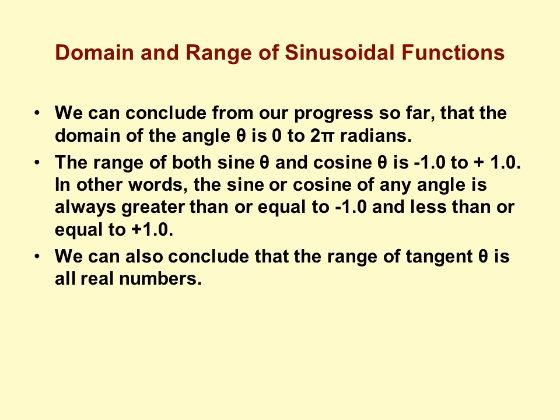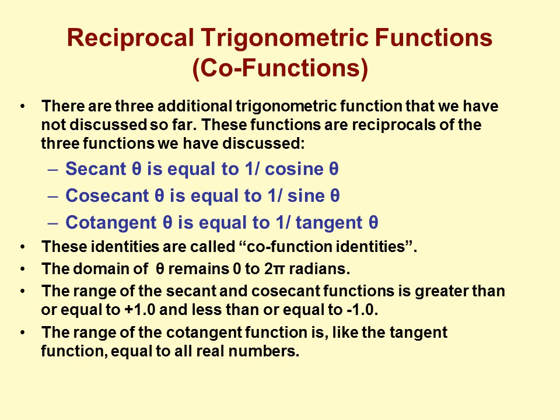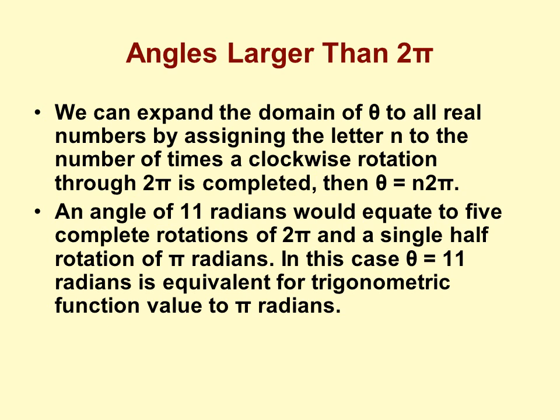And that the tangent of theta gets really, really big around 90 degrees or pi over 2 radians. There are 3 additional trig functions that we've not discussed. We'll just mention these in passing, as for our purposes, the 3 we have discussed are certainly adequate. And they're the ones that are on your calculator as well.